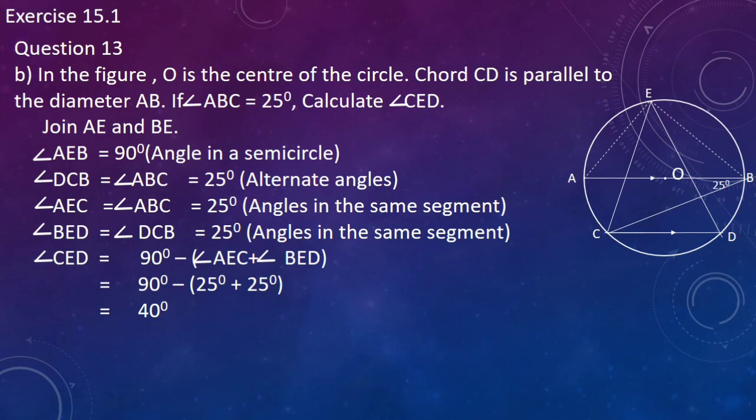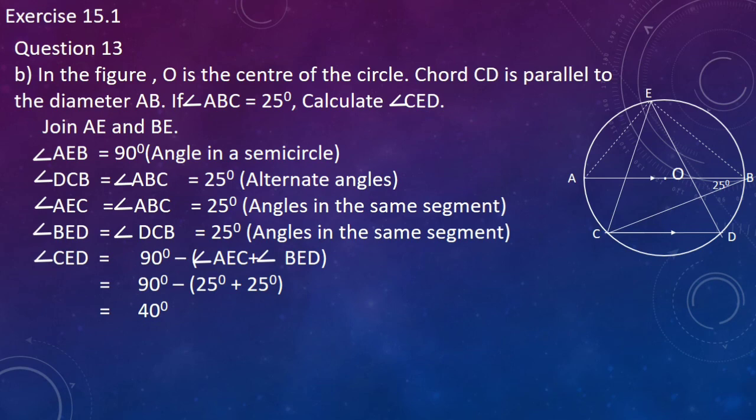Now, angle AEC is equal to angle ABC, because they are angles in the same segment. Therefore, angle AEC is 25 degree. Similarly, angle BED is equal to angle DCB. They are also angles in the same segment. Therefore, angle BED is equal to 25 degree.